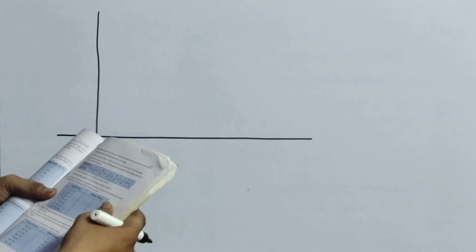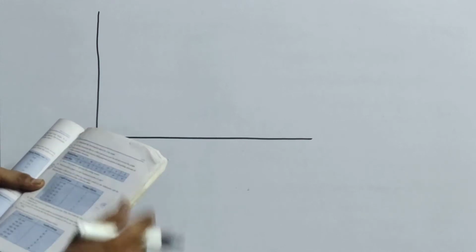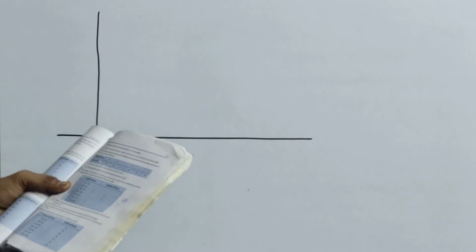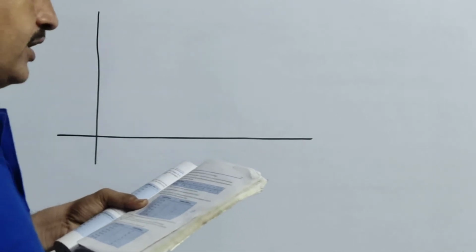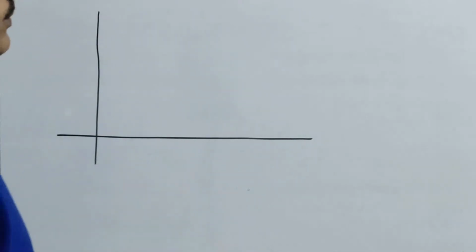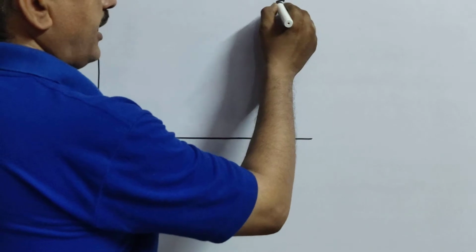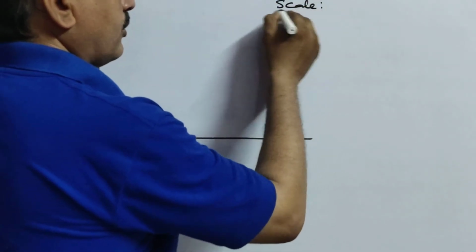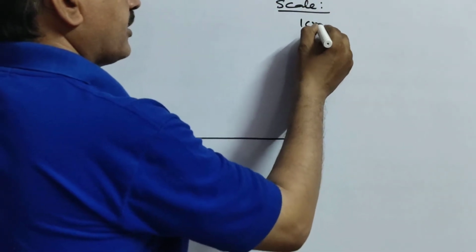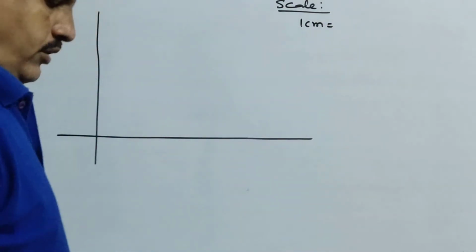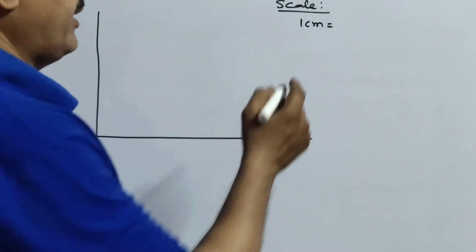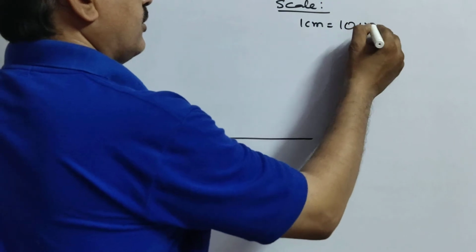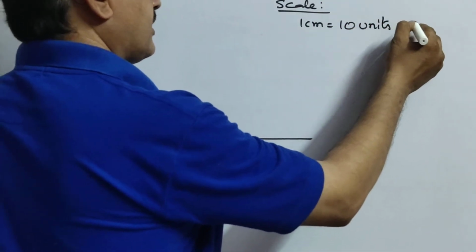Here, party A, B, C, D, E, F, and the seats won are 75, 55, 37, 29, 10, 37. So we can take the scale on the y-axis: 1 centimeter equals 10 units.